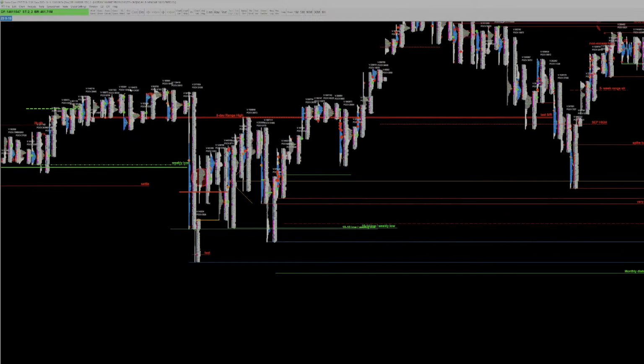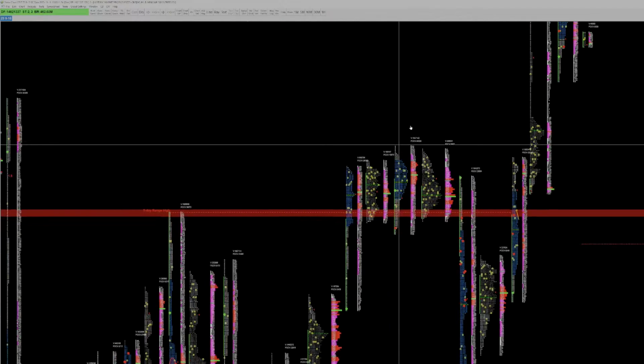One of the things, I'm going to go back to this range here. The market made a stand in this day, before it opened with a gap.